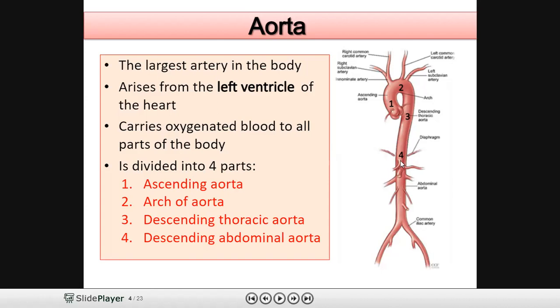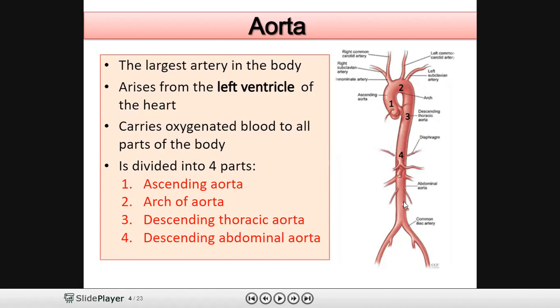And then this abdominal aorta comes down, and at the level of the fourth lumbar vertebra, it splits to form two branches, which are the common iliac arteries on the right and the left side. So the four parts of the aorta are ascending aorta, aortic arch, descending thoracic aorta, and then abdominal aorta.